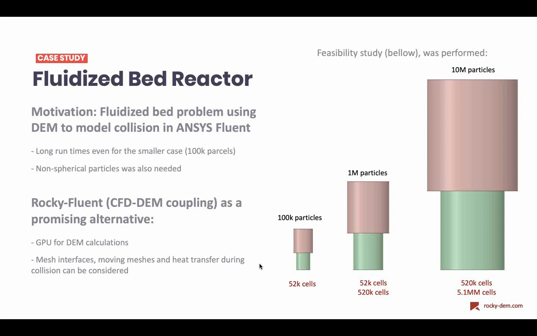So there's 3 things that we did vary here on this feasibility study: the particle count, the geometry size, and the mesh, the grid size.